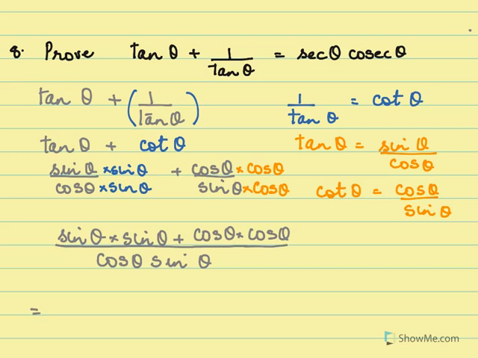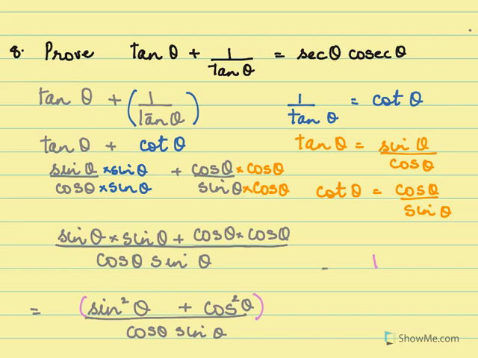Look at the numerator. Sine theta into sine theta, sine square theta. Cos theta into cos theta, cos square theta, over cos theta, sine theta. Can you see an identity here? And this is the identity. You know sine square plus cos square. What is sine square plus cos square? It is 1. So in the numerator, I'm going to write 1 because cos square plus sine square is 1.